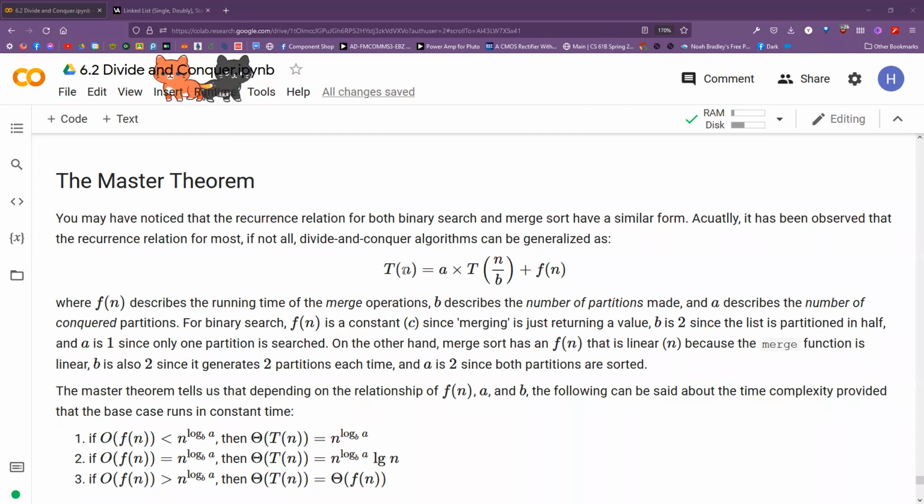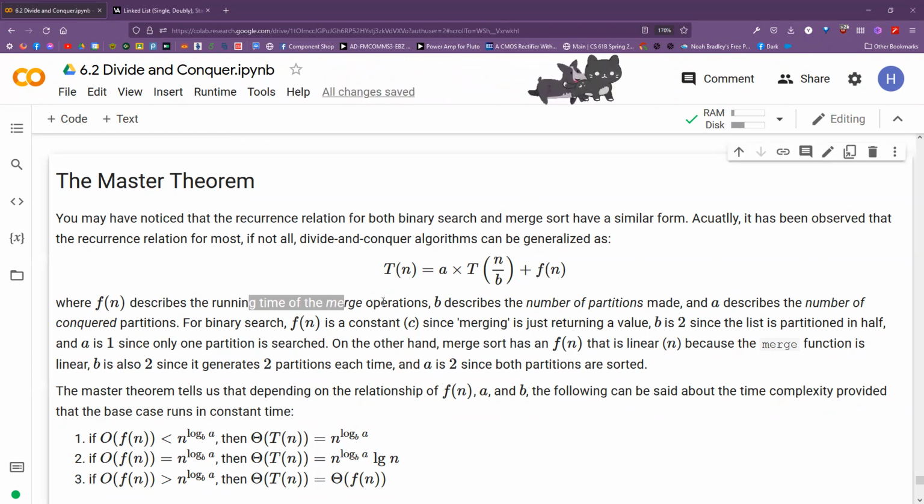So, yung T of n natin is equal to A times T of n over B plus a function in terms of n. So, itong f of n natin, it describes yung running time ng merge operation. Yung B, it's the number of partitions we make, and A describes the number of partitions we actually operate on or conquer.